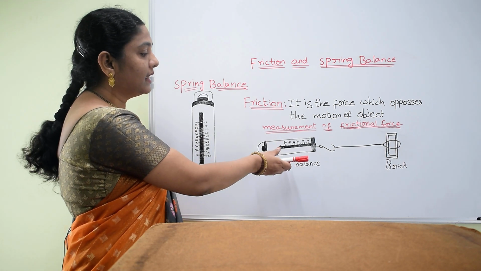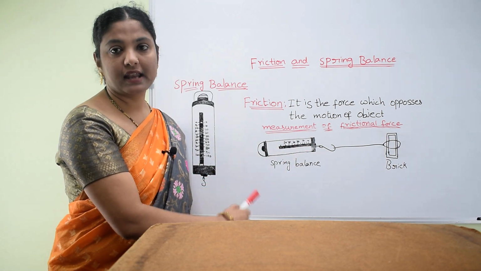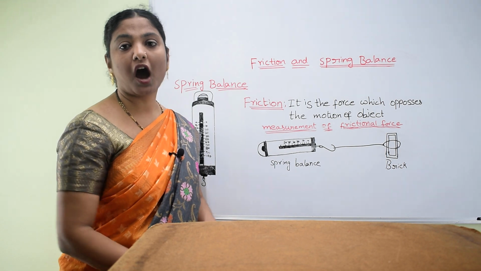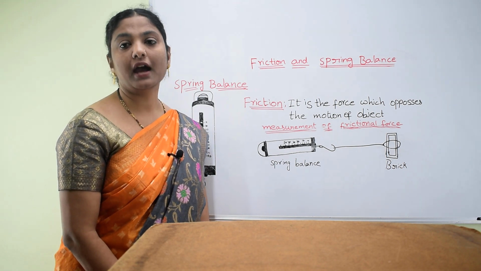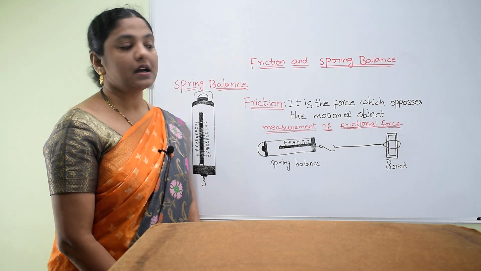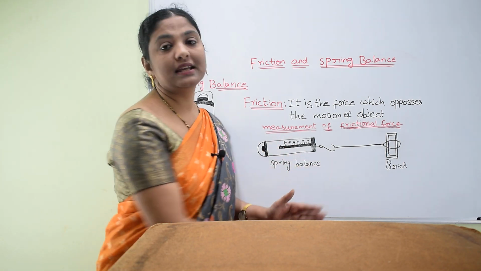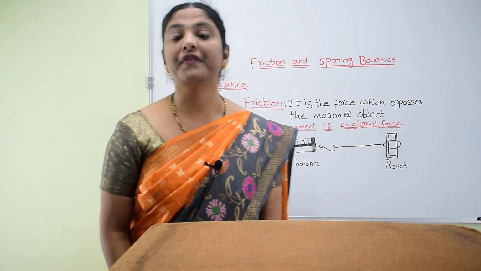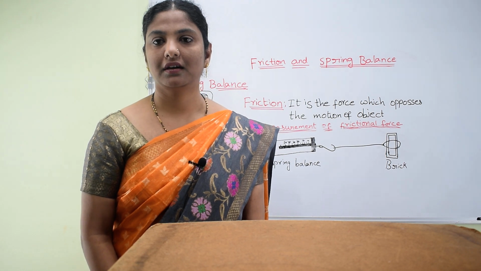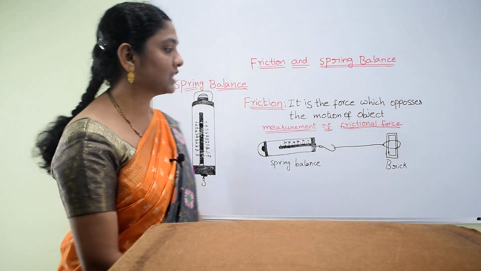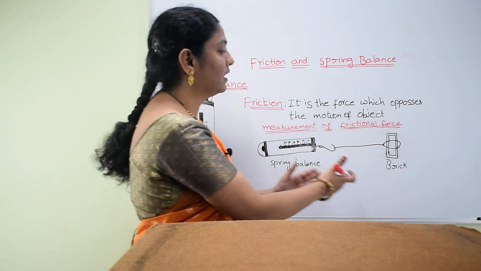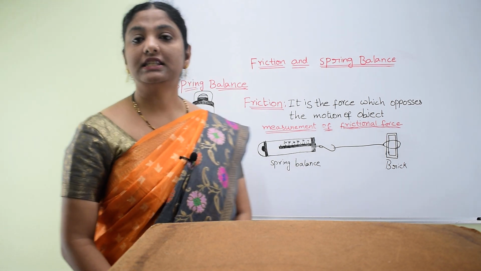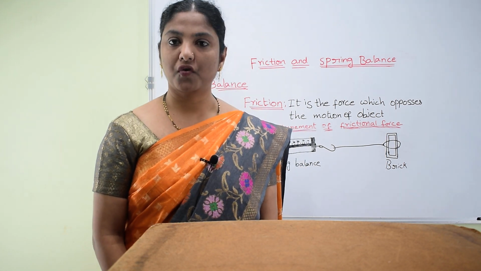Now readings appear on the spring balance. Those readings show how much force we apply. The force applied is similar to the frictional force. That means the force applied to move the brick here is similar to the frictional force.